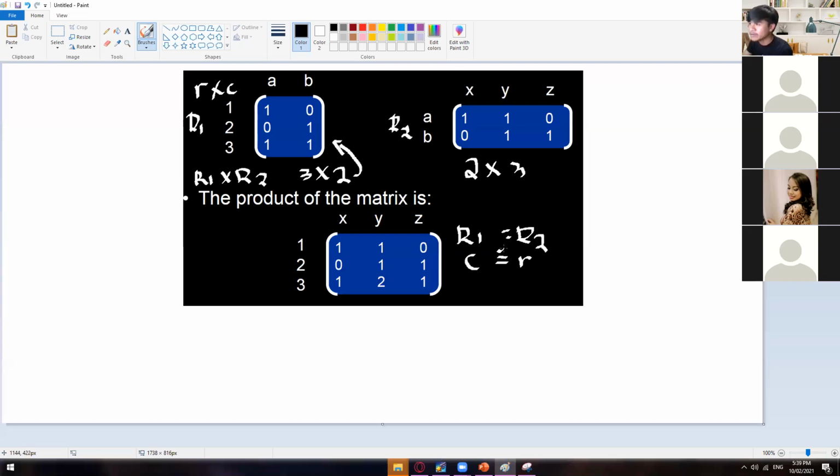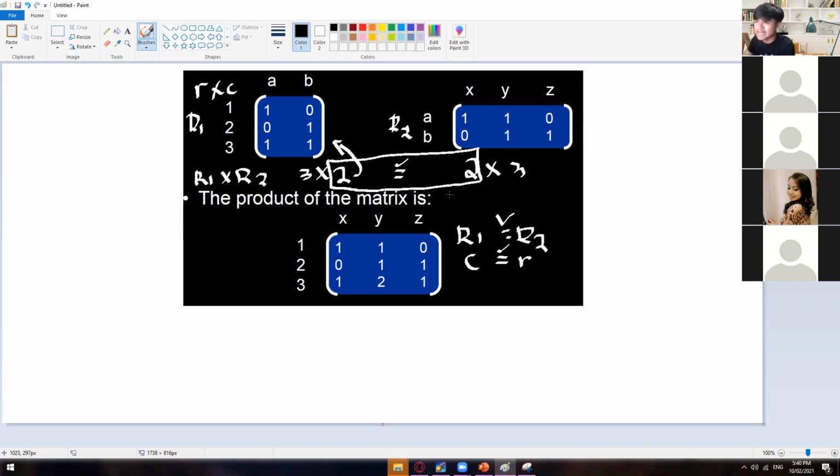If they are equal, then you can multiply R1 times R2. But if they are not equal, then you won't be able to get the product of those two matrices. Basically, those two should be equal. Wherein, yes, they are equal, then we could get the product of those two matrices.